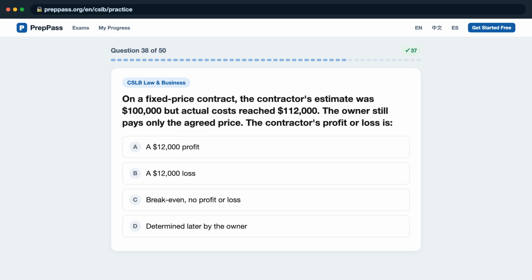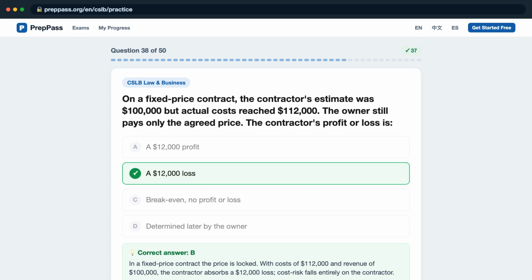C, break even, no profit or loss? D, determined later by the owner? The correct answer is B. In a fixed-price contract, the price is locked. With costs of $112,000 and revenue of $100,000, the contractor absorbs a $12,000 loss. Cost risk falls entirely on the contractor.